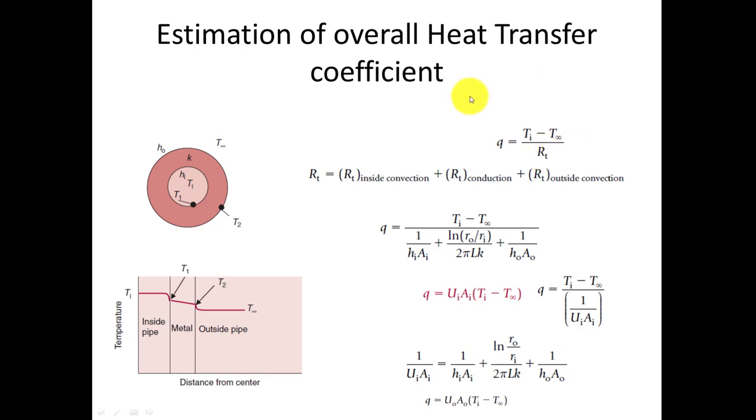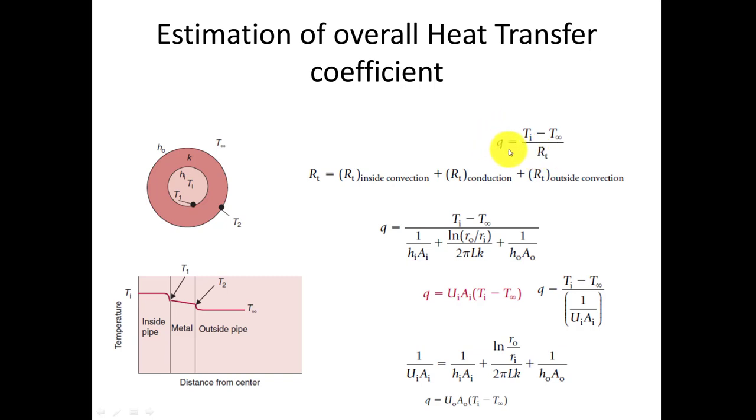It is a relationship that sets up an analogy. This is similar to Ohm's law, in which we say that V is equal to IR, where V is the potential difference, I is the current and R is the resistance.